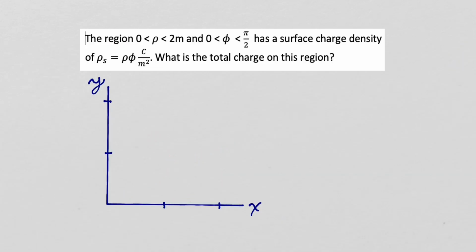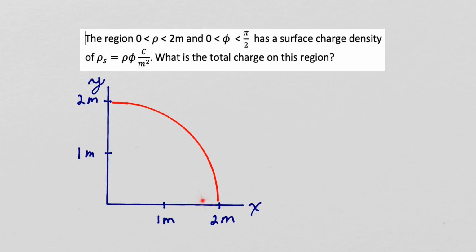Rho is the radius of our cylinder, and it's going to go from 0 to 2 meters, and as we just saw, the region will be confined to the first quadrant. So we've defined the region on which we have charge. And our surface charge is going to vary with our rho component, and it's going to vary with our phi component.